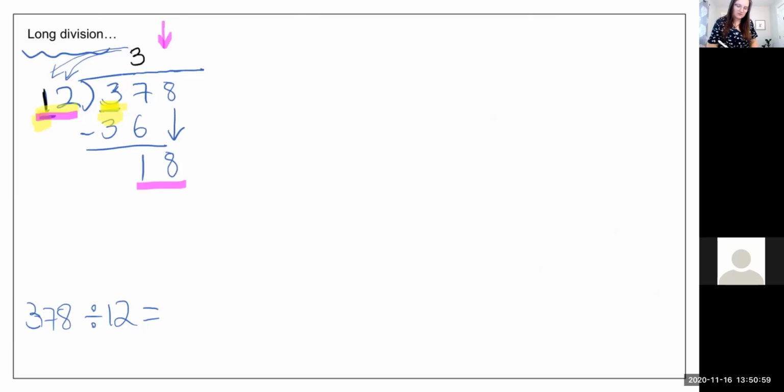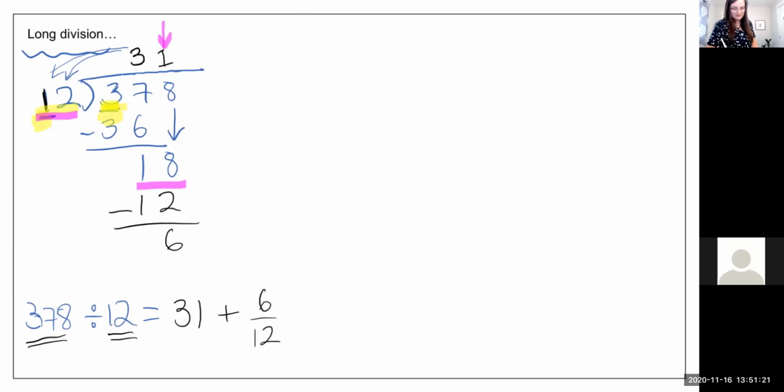So just a quick review: you would say, okay, it goes in once, I multiply it back to check it, and then I subtract it, and there's 6 left over. What that tells me is that 378 divided by 12 is 31 and 6/12, because the 6 is the remainder that has not yet been divided by the divisor. This is the quotient.